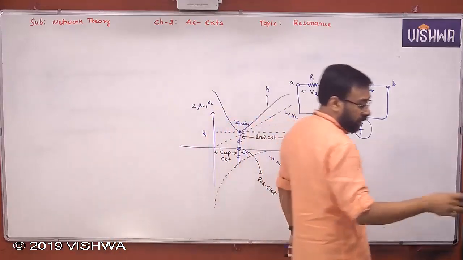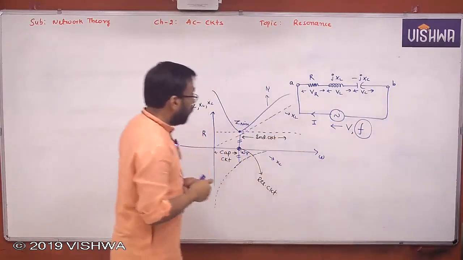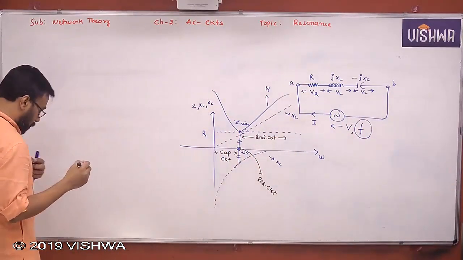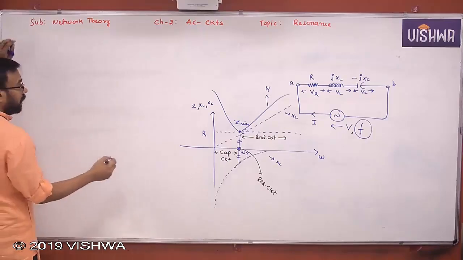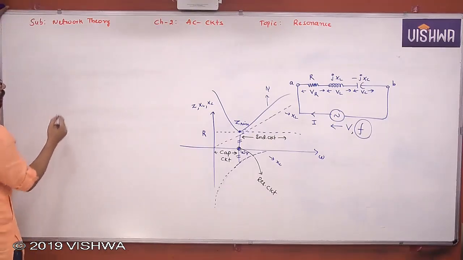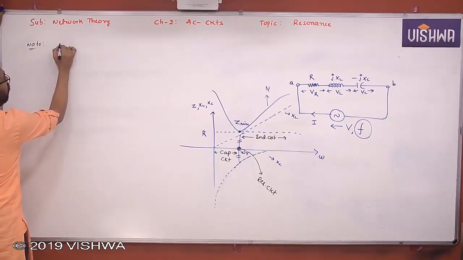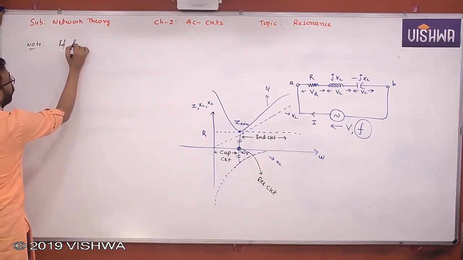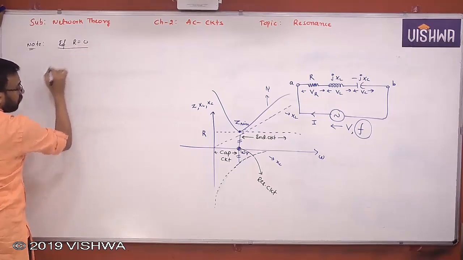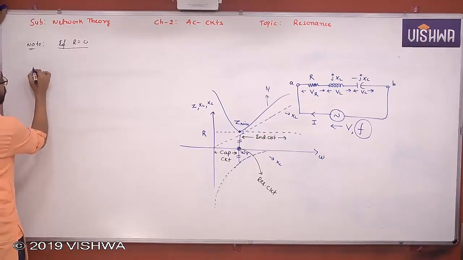Another important point to be noted in the exam, it's very, very important. He asked the question one time in the GATE examination. So note, if R is equal to 0, then what will happen here?